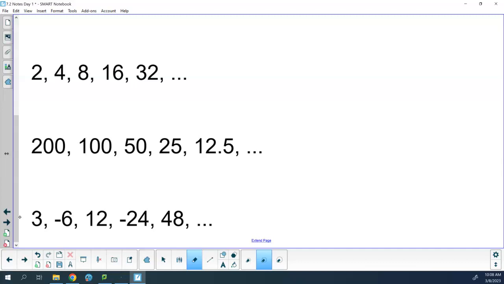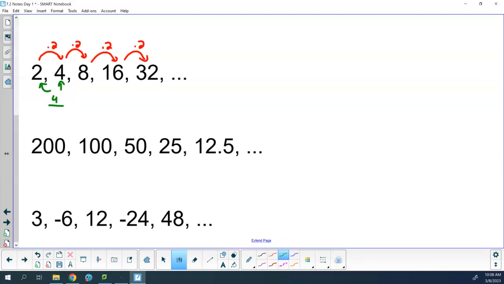So here, I'm multiplying by 2 all the way through. But if I didn't see that, I could take any term and divide it by the term right before it.